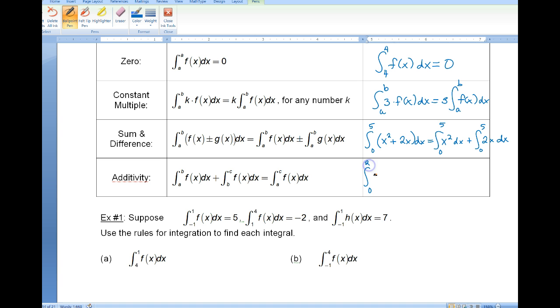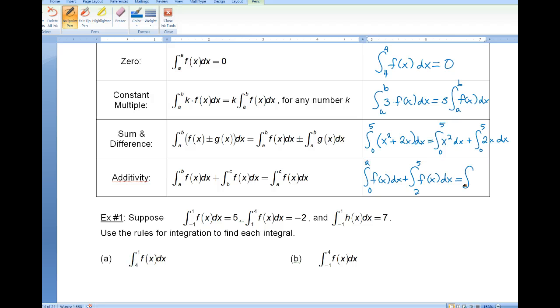So let's say I have from 0 to 2 of f of x dx, and from 2 to 5 of f of x dx. We can combine these into one integral. Imagine you had a graph. It doesn't really matter what it looks like, but here's 2, here's 5. If I know the area under the curve from 0 to 2, and I know the area under the curve from 2 to 5, then I know the area under the curve from 0 to 5.